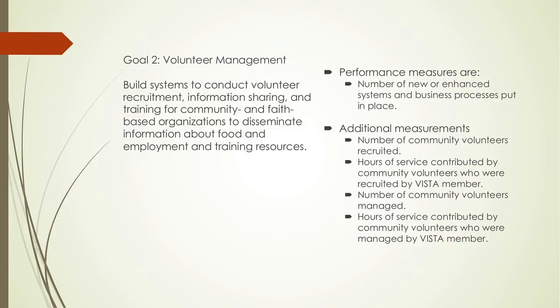And these are measurements that are actually included on the capacity building matrix. So the number of community volunteers recruited, the hours of service contributed by community volunteers who were recruited by the member, the number of community volunteers managed, and the hours of service contributed by community volunteers who were managed by the VISTA member.